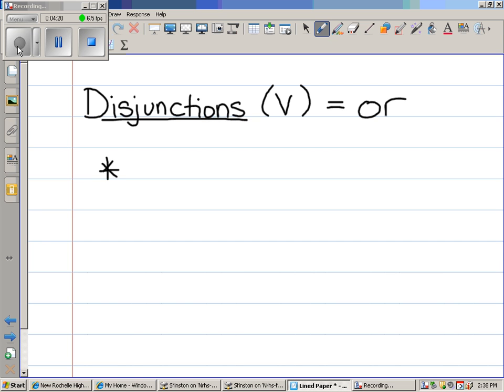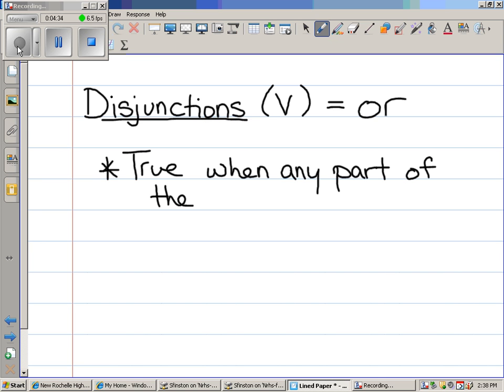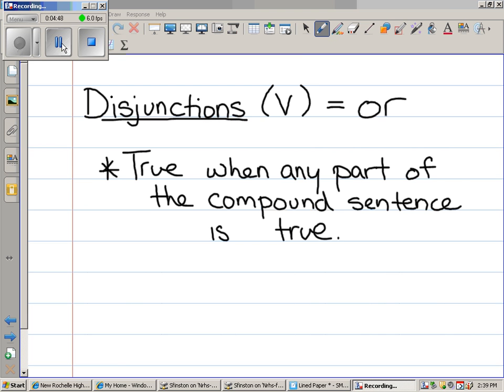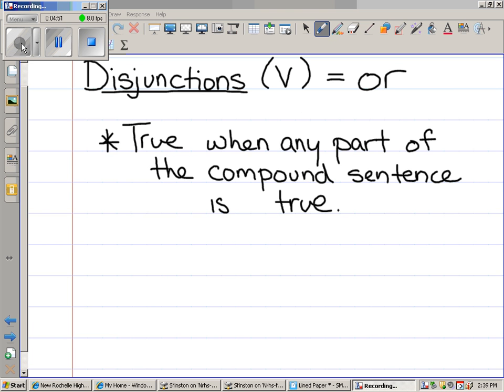Disjunctions are true when any part of the sentence is true. So it works just like our conjunctions. You'll get some statement P and some statement Q, and then P or Q.